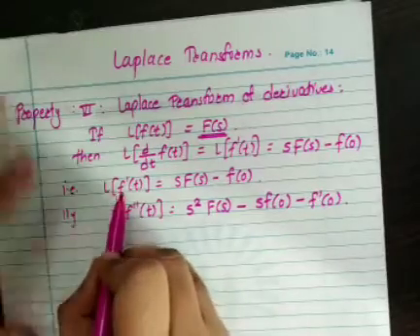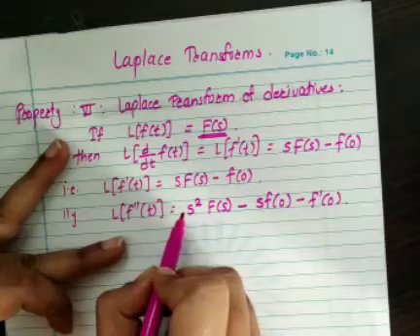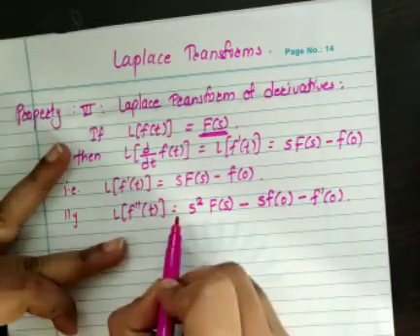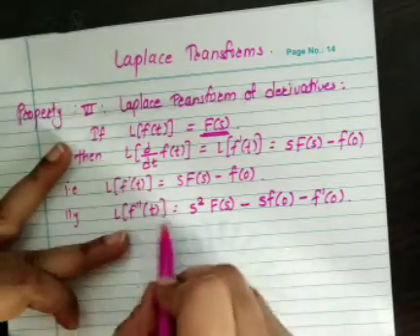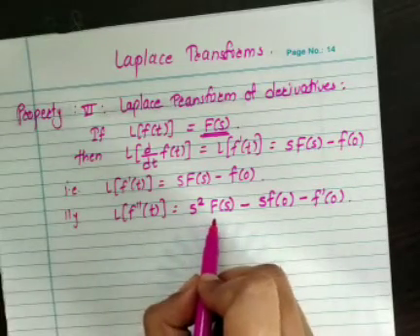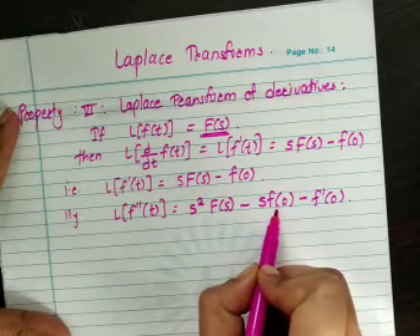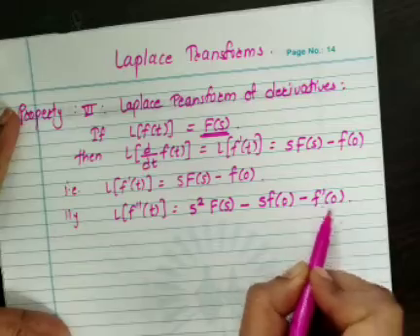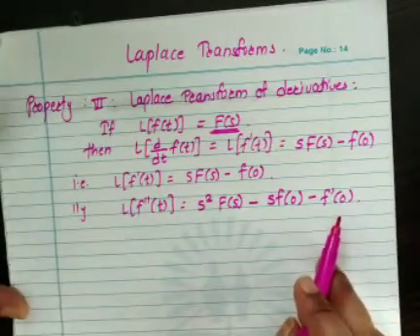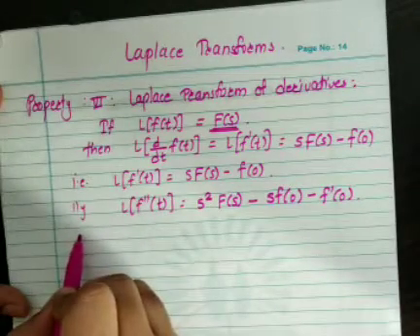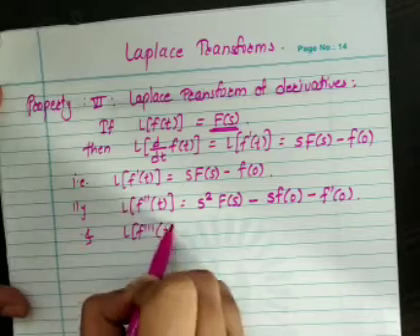Whatever is the derivative, double derivative, there is s square, and then power of s gets reduced by 1, that is s square, then s, and then s raised to 0. Then for the first s square term there is F of s, and then a minus sign, and then there is f of 0, and then the derivative of f of 0 gets increased. f of 0, next is f dash 0, next it will be f double dash 0, like that.